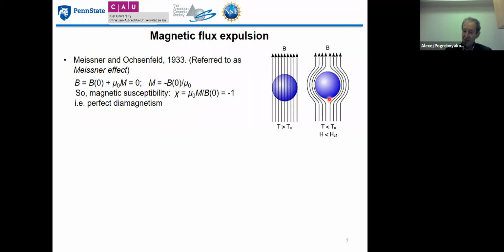Then if we just decrease the temperature, the magnetic flux will be expelled from the interior of the sample. This is the Meissner effect. So superconductors behave as perfect diamagnets. Magnetic susceptibility equals -1.